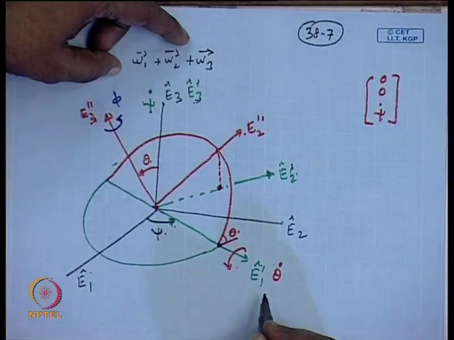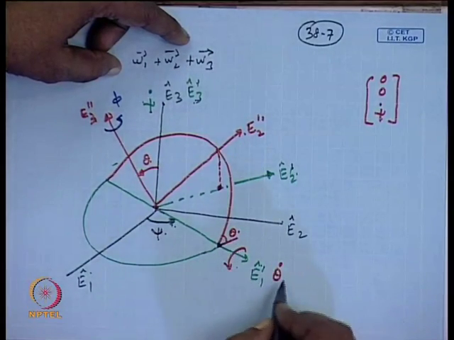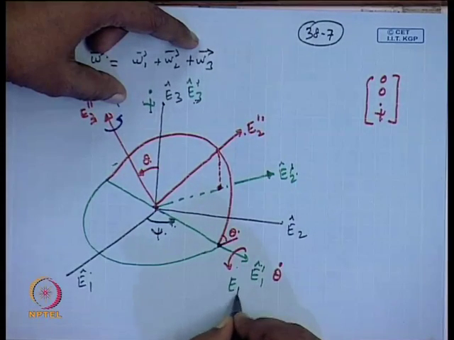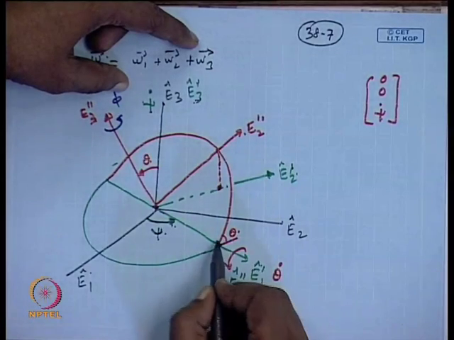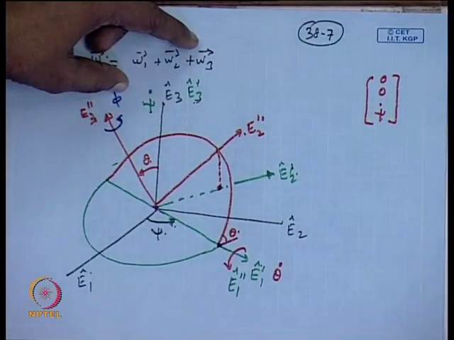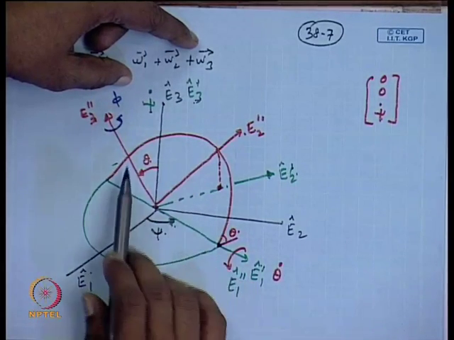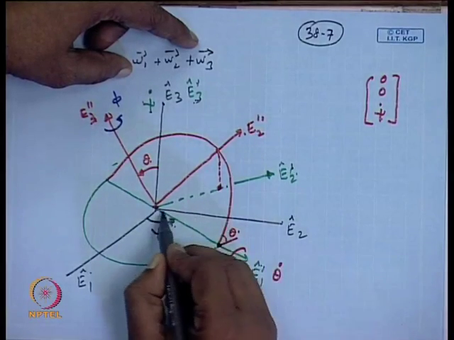After the rotation, E 1 cap double prime is also in this direction, and this will move away from this place to somewhere else, which we show by this red, green and blue line we are using.